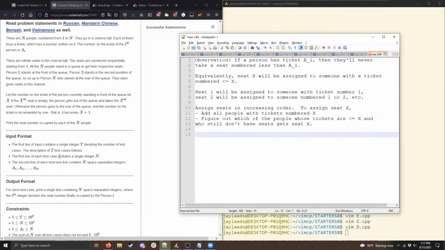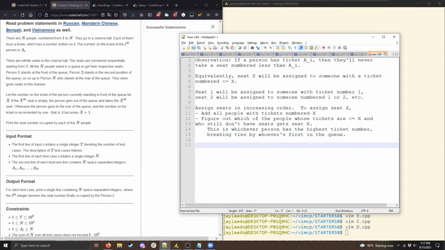And here the idea is that this is whichever person has the highest ticket number, breaking ties by whoever is first in the queue. And the reason is that the person with the higher ticket number will have to go through the queue and return to the back fewer times before getting their seat.